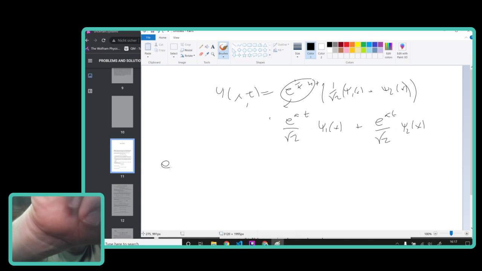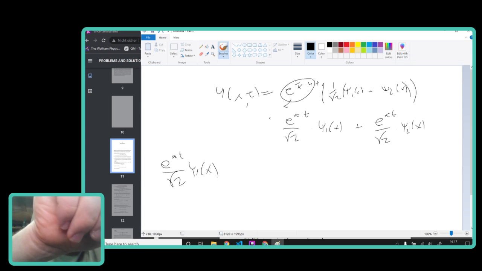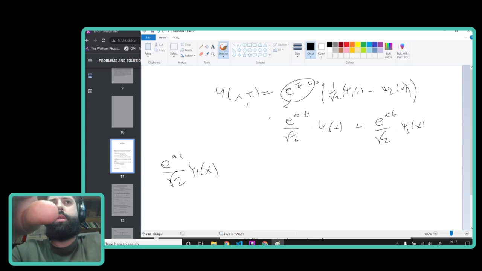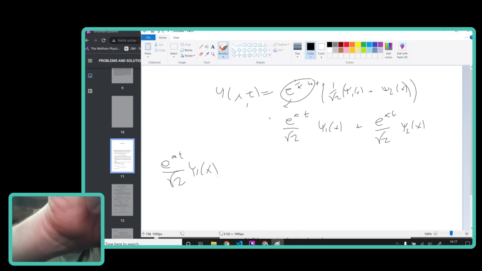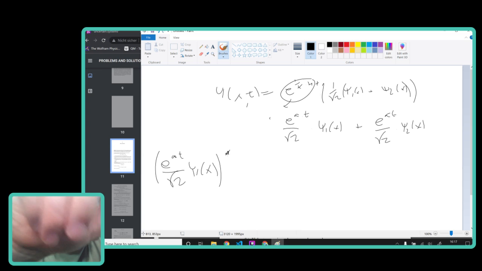e to the power of A t psi 1, the conjugate of that. I just don't want to write the whole thing, right? But the conjugate of that times that itself, right?